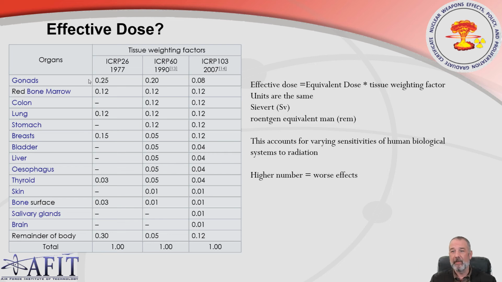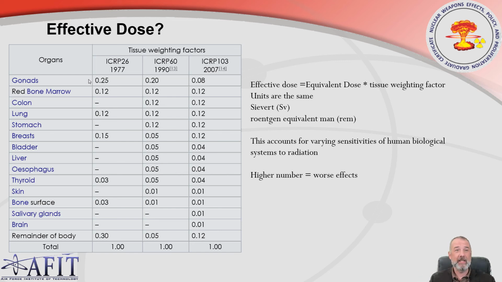The cellular makeup of that tissue is very sensitive to radiation. And then we can go down through and see, in descending order, some other parts of your GI tract, your bladder, your liver, your esophagus, your thyroid. Skin is not very sensitive. Bone surface, it's mostly calcium, so it doesn't really do anything, so also not very sensitive.